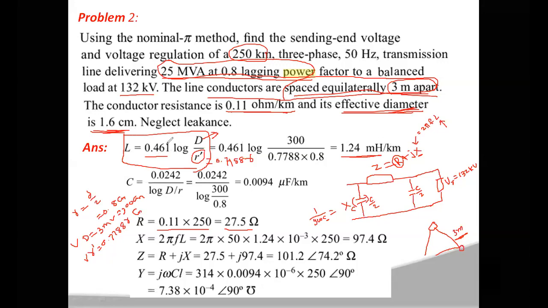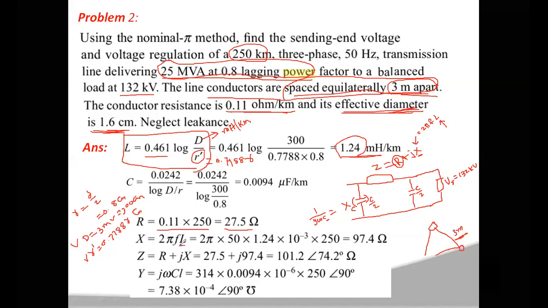The units here are millihenries per kilometer, so the inductance value is only for 1 kilometer. Your transmission line length is 250 kilometers, so you have to multiply the inductance per kilometer with 250 to get the total inductance value.